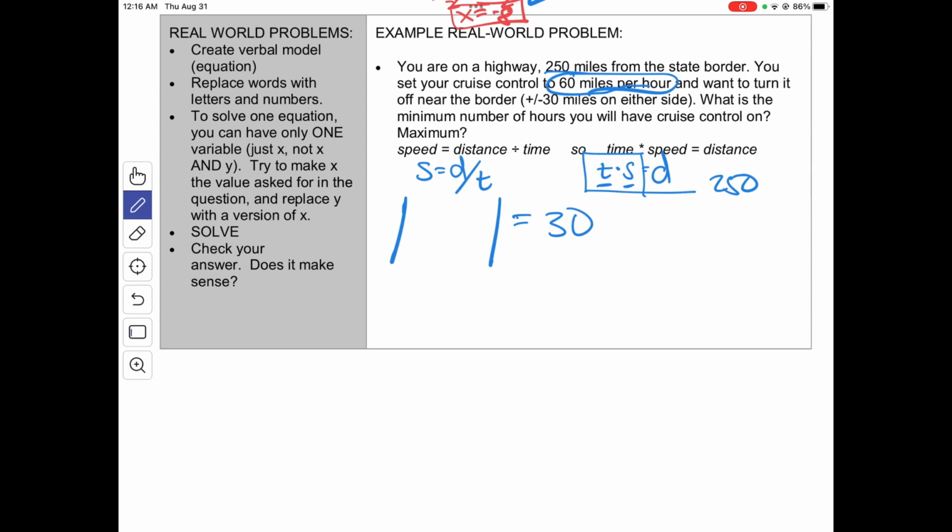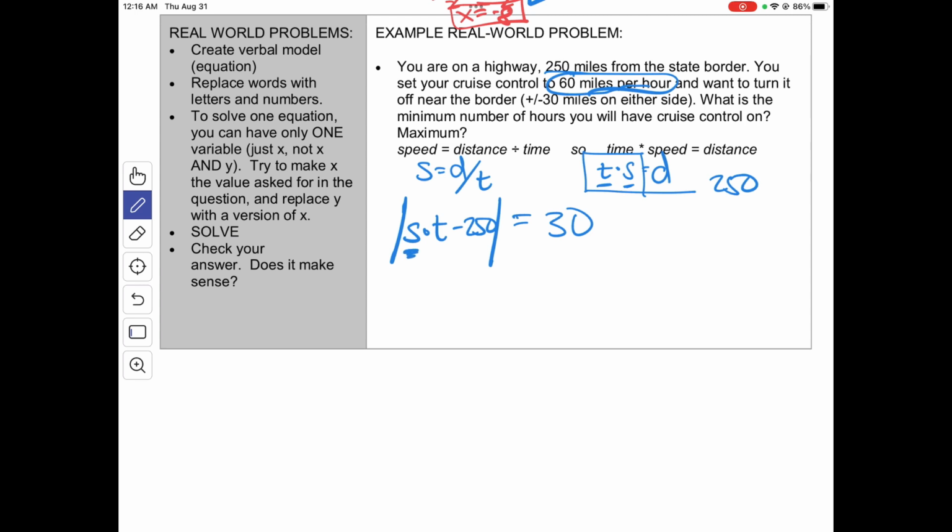If I subtract 250 from that distance that I travel, that should get me within 30 miles of the state border. So that's what I'm going to do here. I'm going to say that my speed times my time minus the 250 miles that I have to go to the state border is going to get me my value of 30 here.